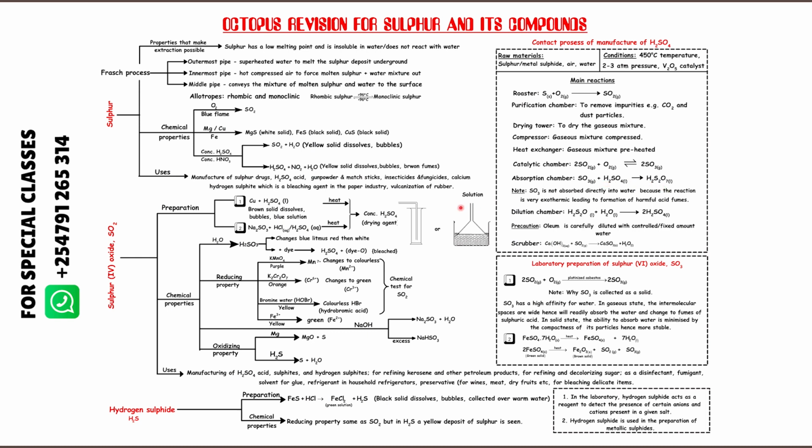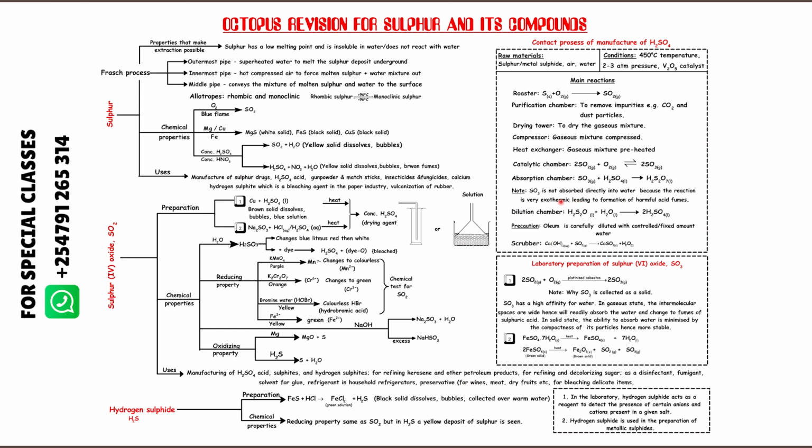In the absorption chamber, we have sulfur 6 oxide being dissolved in concentrated sulfuric acid to form oleum. Sulfur 6 oxide, remember, is not directly dissolved in water because the reaction is highly exothermic, leading to the formation of harmful acid fumes. So that is why we don't dissolve it in water, although you can simply dissolve sulfur 6 oxide in water to get sulfuric acid.